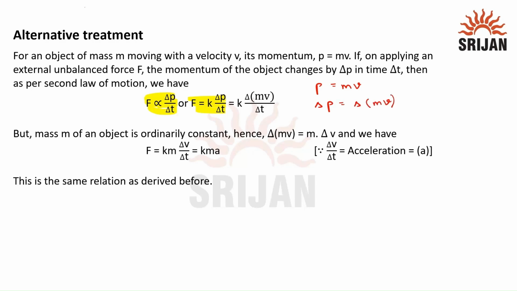And we know that mass is constant, so delta p can be written as m multiplied by delta v. So this expression finally comes out to be F is equal to km delta v by delta t, and we know that delta v by delta t is acceleration. So that is why F is equal to kma.